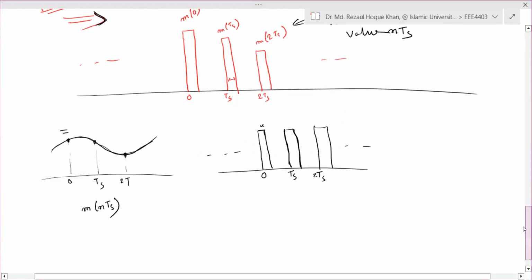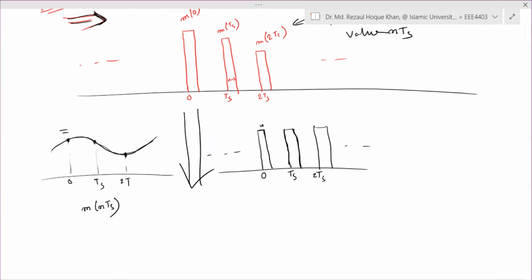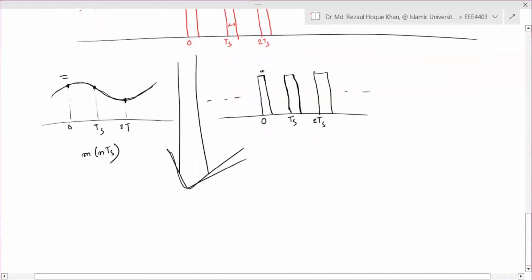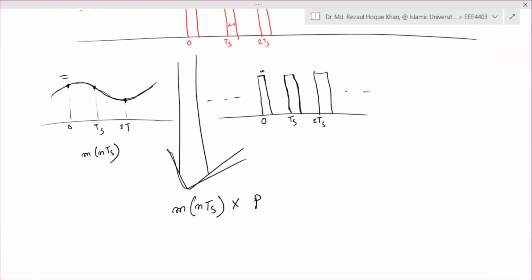So we can write this pulse amplitude modulated signal as m of nTs multiplied by the unit amplitude pulses, p of t minus nTs.